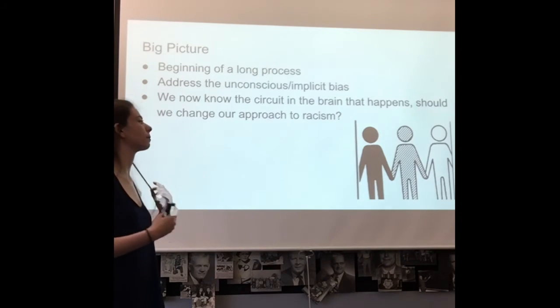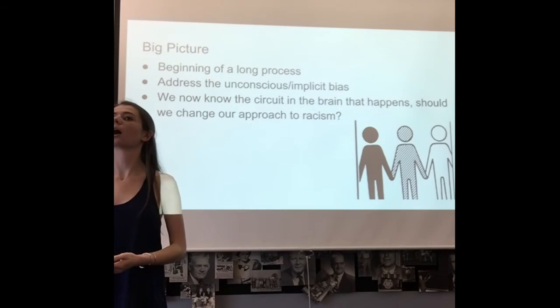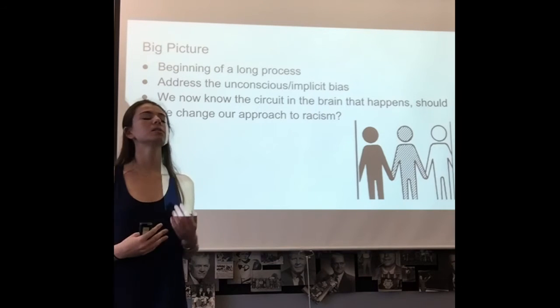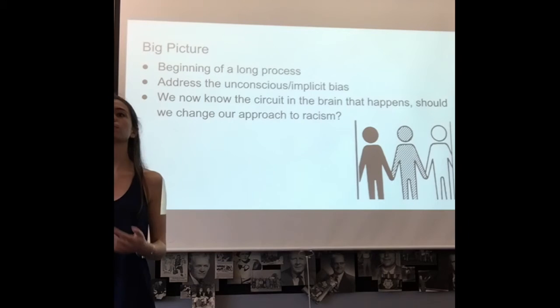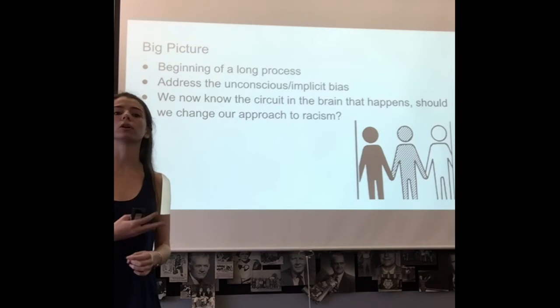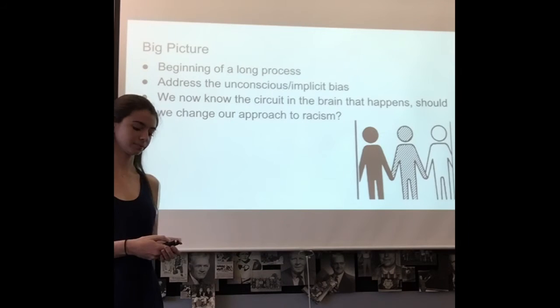So we tend to combat biases on the surface by spreading an idea of being understanding and spreading an idea of equality. But by looking at the mechanism of this, we can start to understand the differences between implicit and explicit attitudes, and we can start to look at biases on a much deeper and more neurological level, and therefore we can find more ways to fight it.